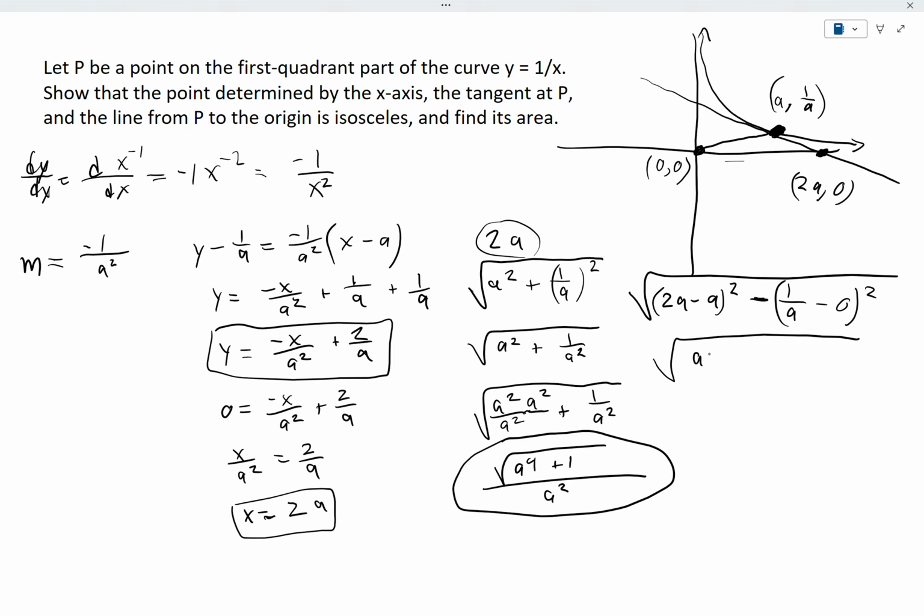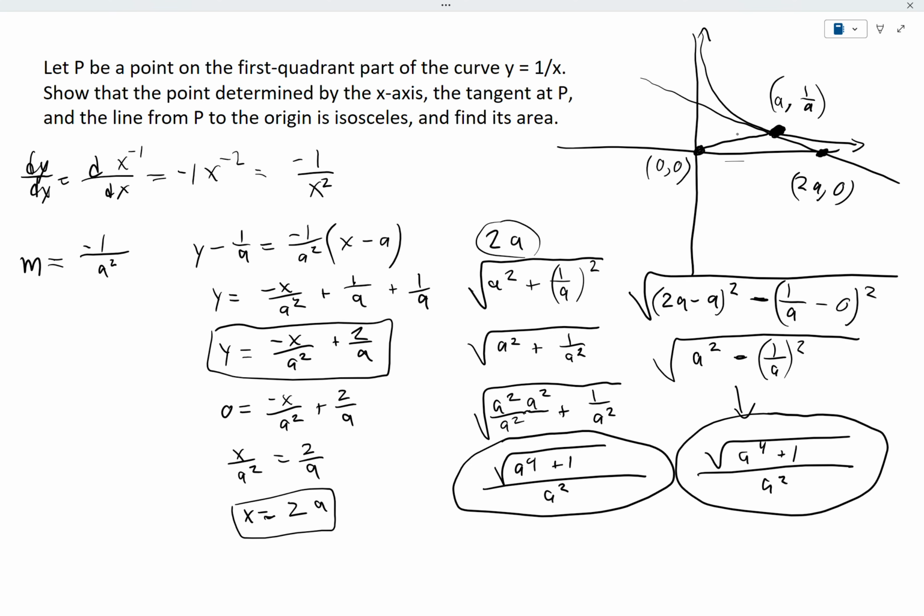And I can simplify that as a squared plus 1 over a squared. And as we saw, I just simplified that over here, so this will simplify exactly the same way. And we get the root of a to the fourth plus 1 all over a squared. So as you can see, these two side lengths right here are the exact same length. So we can prove that this triangle is isosceles because they're the same length.